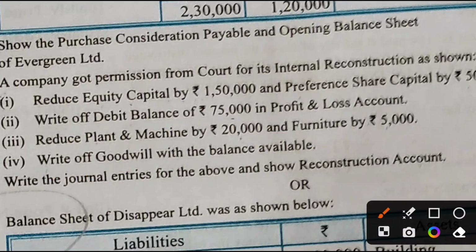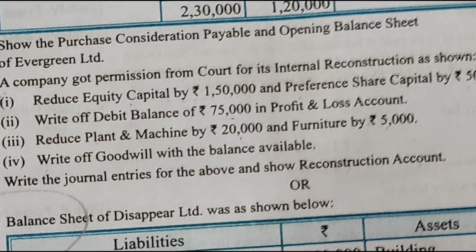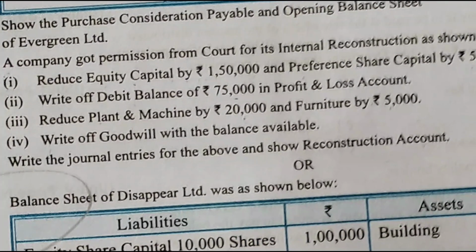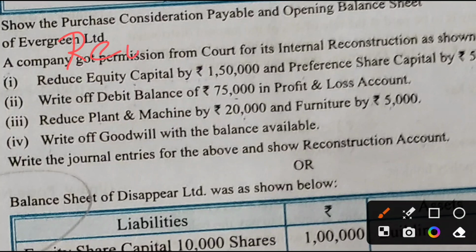So here we have the reconstruction account 1,50,000 and another 50,000, that is 2 lakhs. With that you will write the general entry like this: reconstruction account debit 2 lakhs, to profit and loss account 75,000, because the debit balance of the P&L account means we need to credit that account.